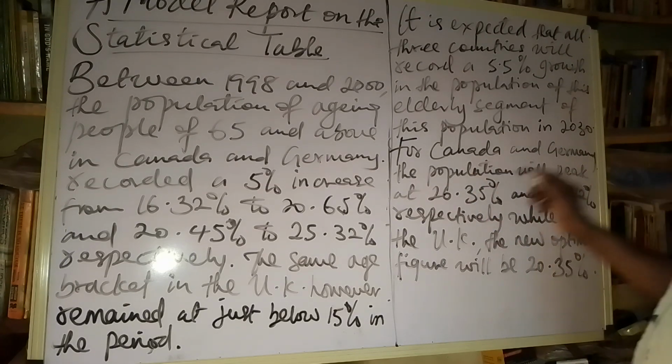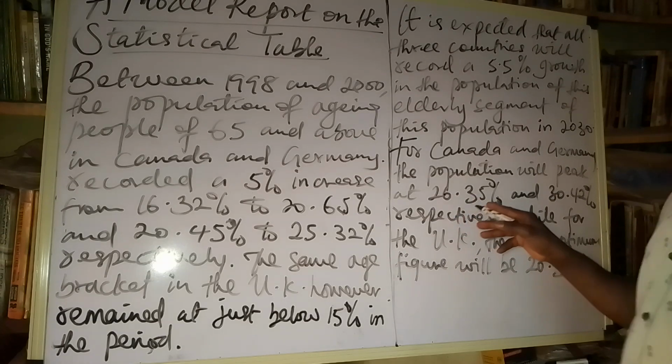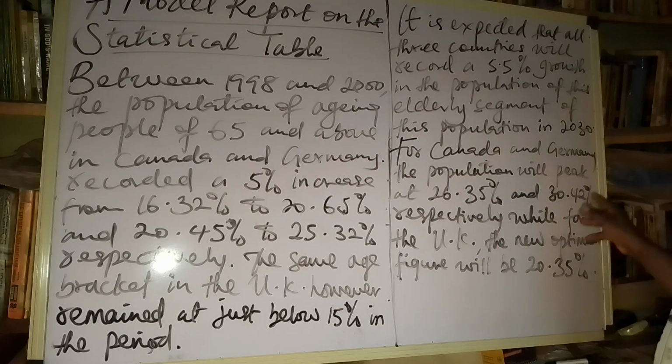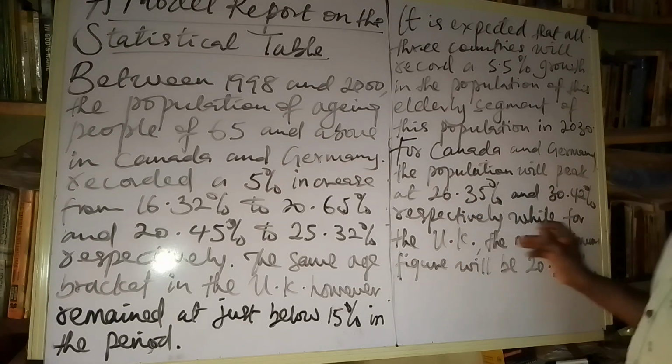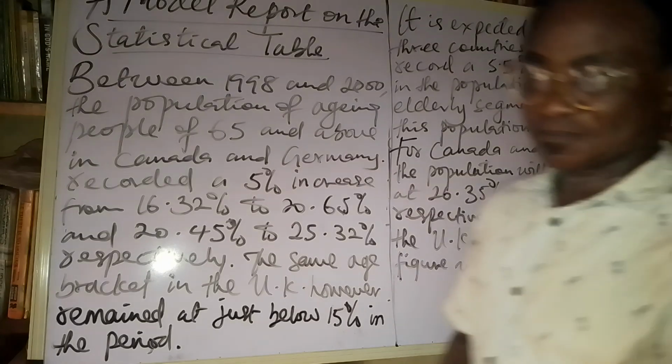For Canada and Germany, the population will peak at 26.35% and 30.42% respectively, while for the UK, the new optimum figure will be 20.35%.